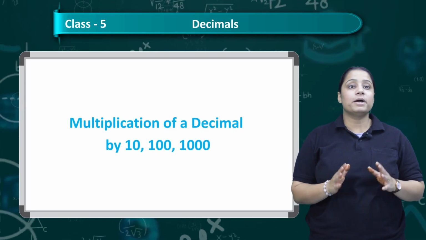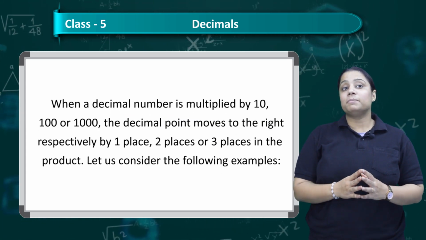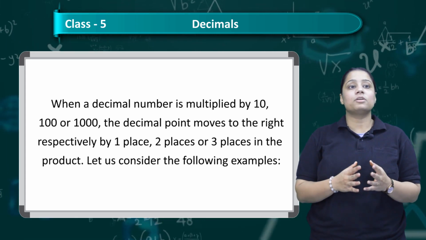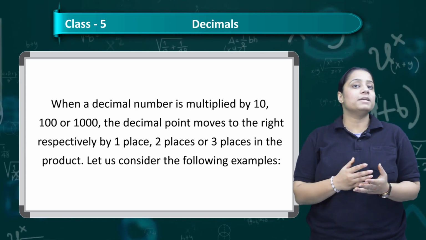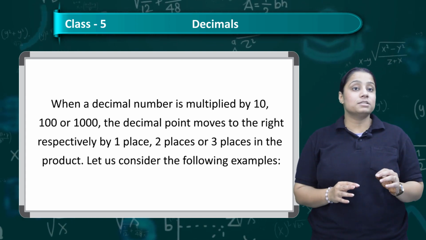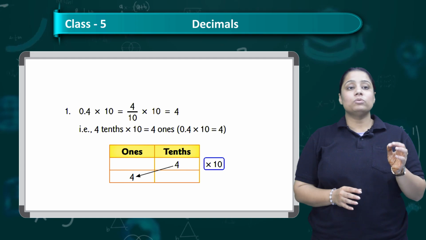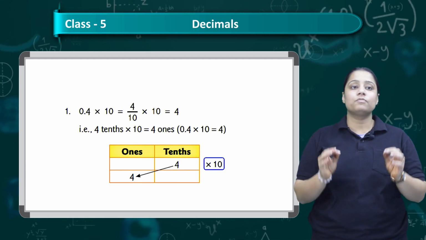Multiplication of a decimal by 10, 100, 1000. When a decimal number is multiplied by 10, 100 or 1000, the decimal point moves to the right respectively by 1 place, 2 places or 3 places in the product. Let us consider the following example. First, 0.4 into 10 is equal to 4 by 10 into 10, which is equal to 4.